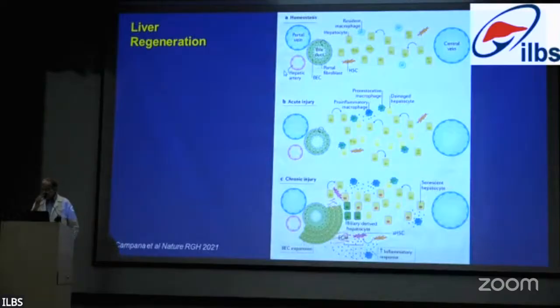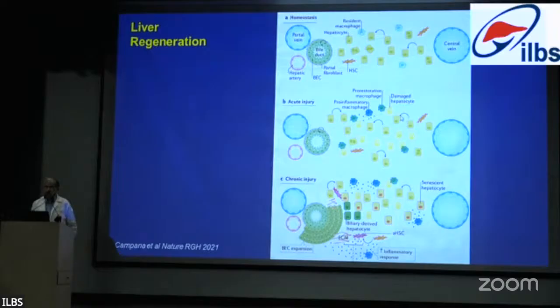Here you would see that normally it is the resident hepatocytes that will multiply by themselves, self-replication. There is no play of HSCs or macrophages. But in the case of acute injury, you will see the involvement of the resident macrophages, and I'll show that later one more time to you, while the hepatocytes will also be multiplying.